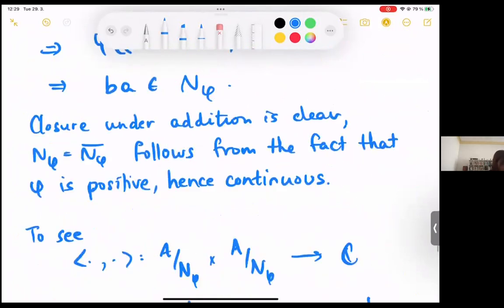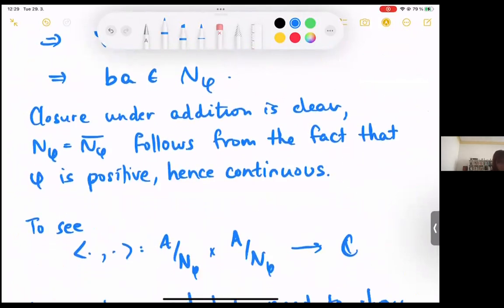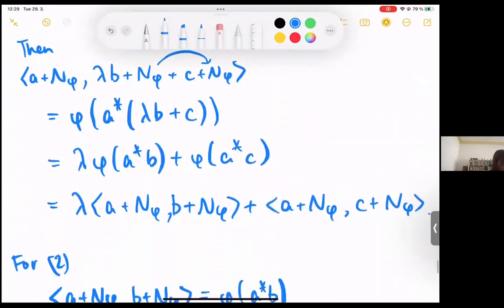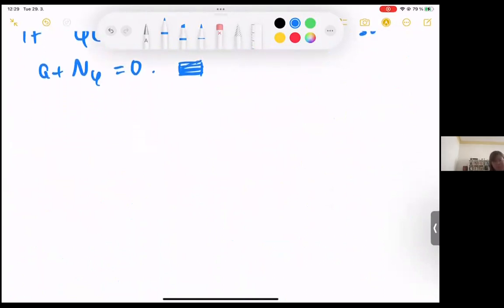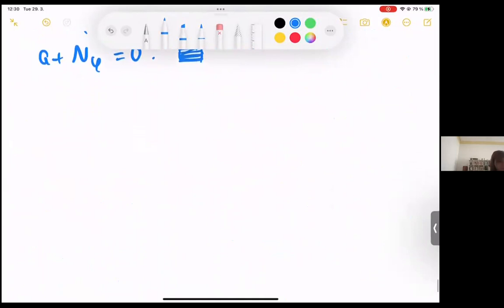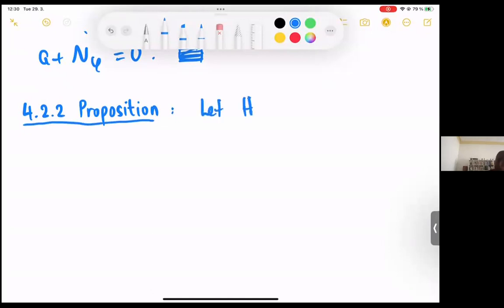So this is not quite a Hilbert space, of course, because it's not closed, but we can now, knowing that this is an inner product, just take the closure with respect to the norm that this induces. So we'll denote that Hilbert space by H_phi.